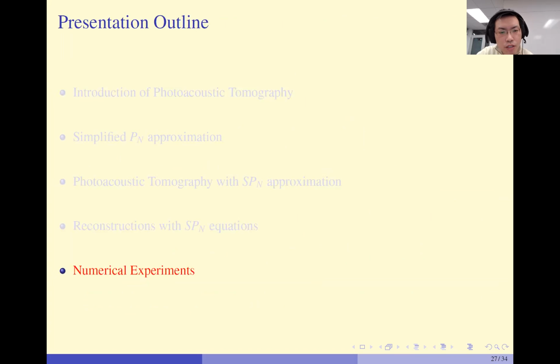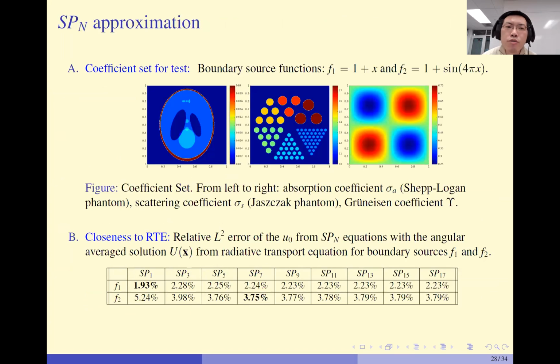Okay, so let's show this numerical result and try to interpret some insight from it. Here, I just take two boundary source functions. In practice, when you are using true data or performing a true biomedical experiment, you wish to use a lot of boundary sources, as many as possible.